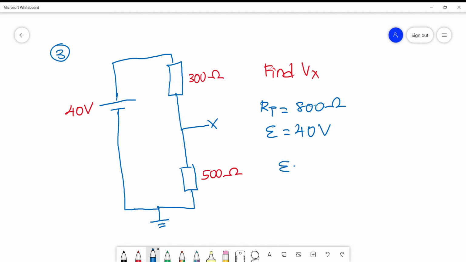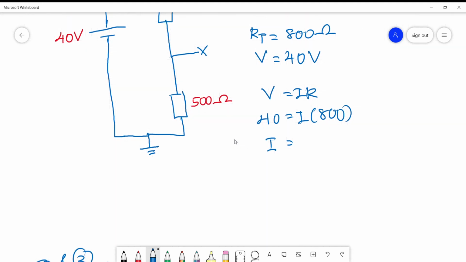So V equals IR. V is more accurate since the current is flowing inside the battery, and the terminal potential difference across the battery is no longer the electromotive force.